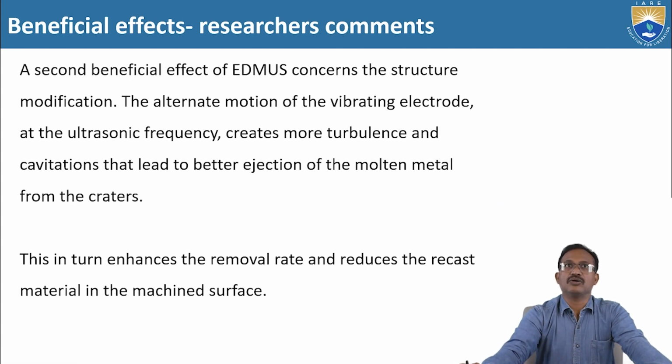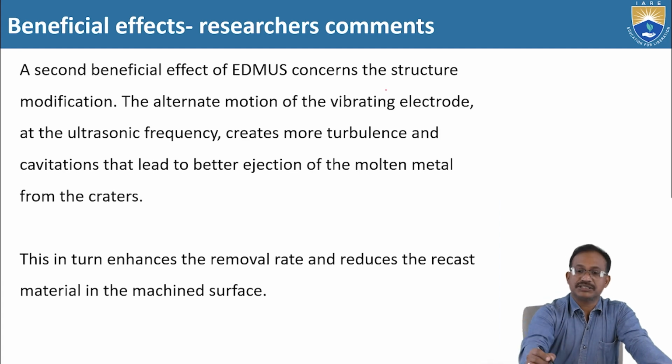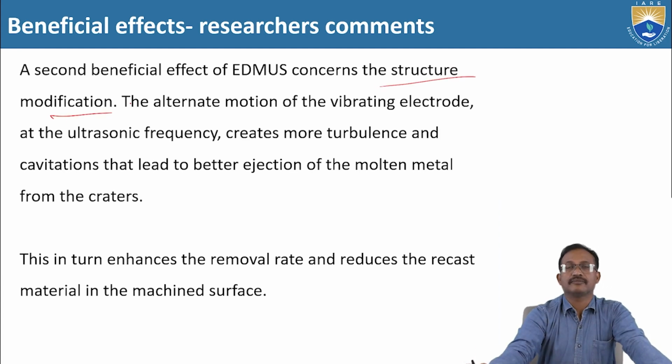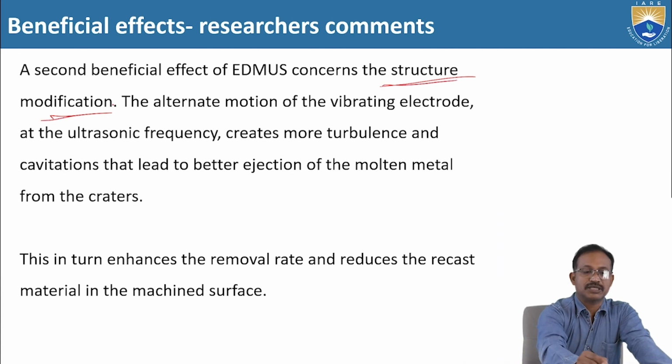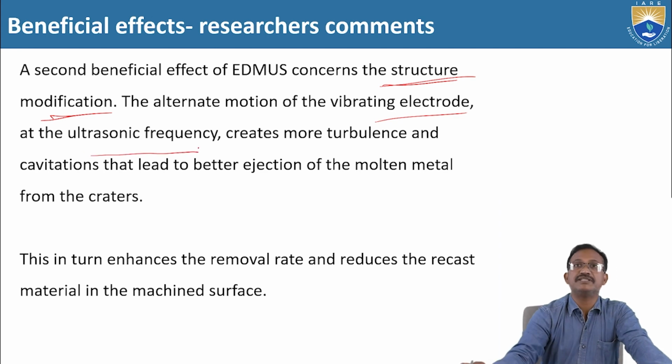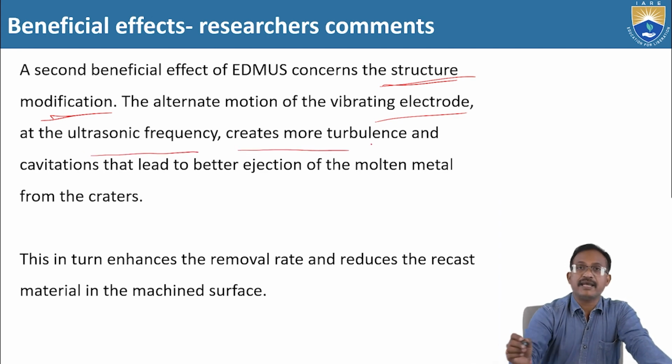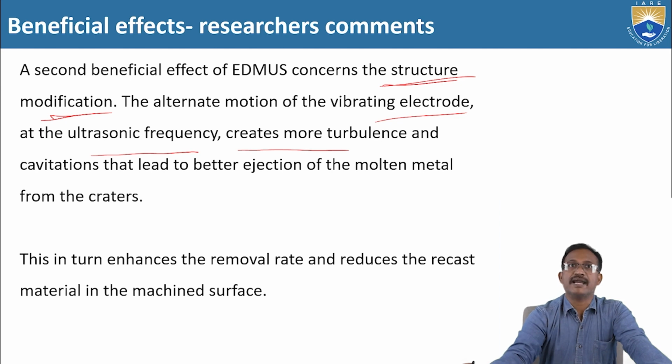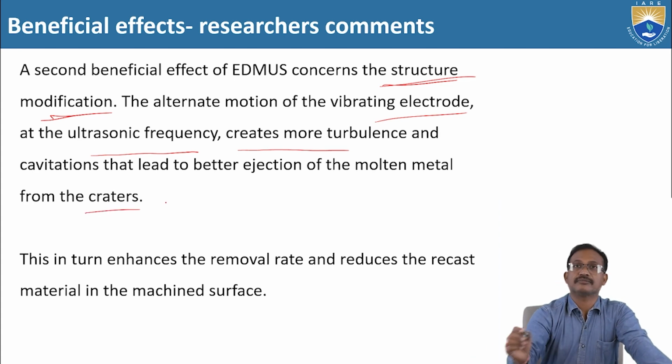Now let us conclude with the second beneficial effect of EDMUS, which concerns the structure modification. The alternate motion of the vibrating electrode at the ultrasonic frequency creates more turbulence and cavitations that lead to better ejection of the molten metal from the craters.